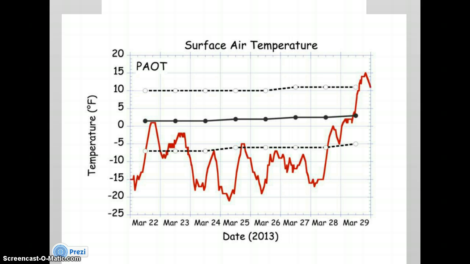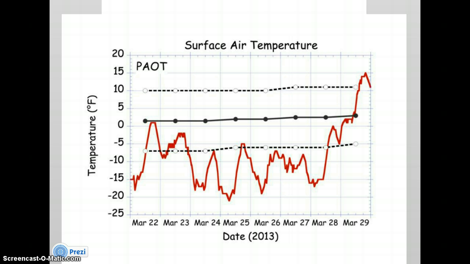And so the surface air temperature from the 22nd of March to the 29th is as shown here. You can see the temperature increases and decreases daily based on the amount of daylight. So in the beginning of the day like on March 22nd, you see the temperature is really low, and then gets really high towards the middle of the day, so that'd be like noon or the evening, and then goes back down for the night and goes back up and down like that as the day and night cycles would show.